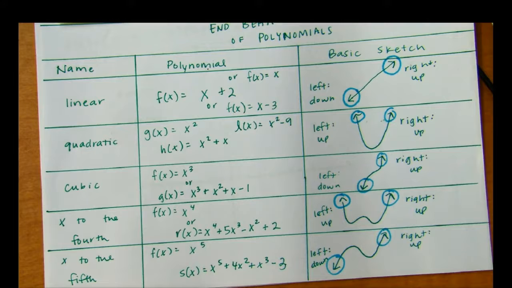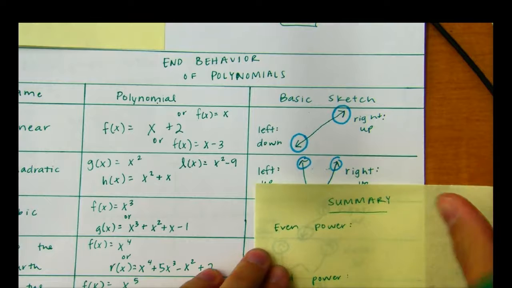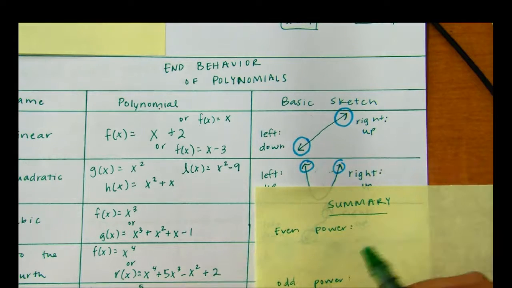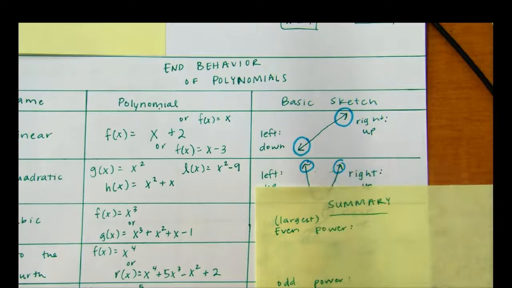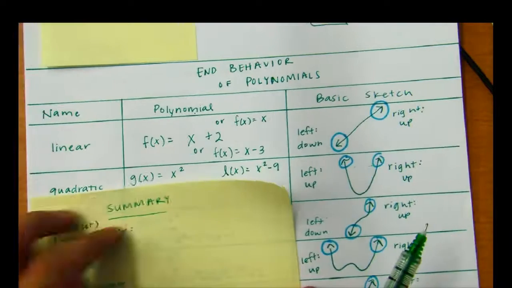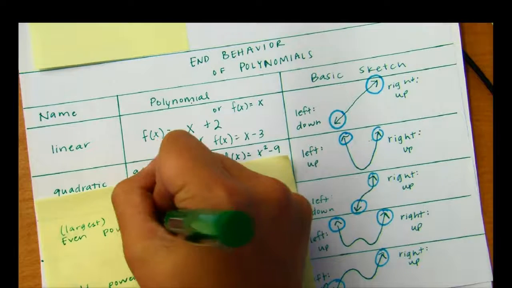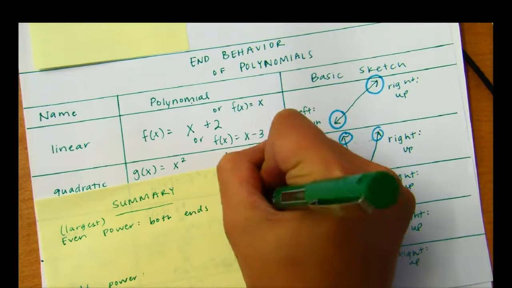Okay, so to summarize my end behavior: if your largest power is even, like x squared or x to the fourth, both ends of your function face up.